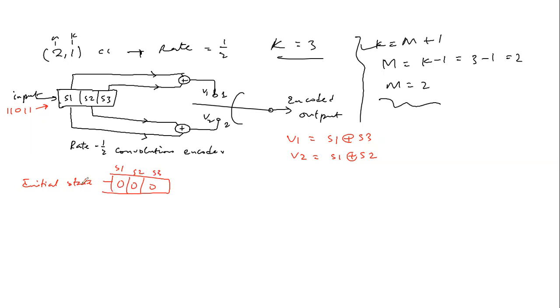Now, when we feed in an input, say 1, in this first case we are feeding in an input. We want to transmit 1, 1, 0, 1, 1.